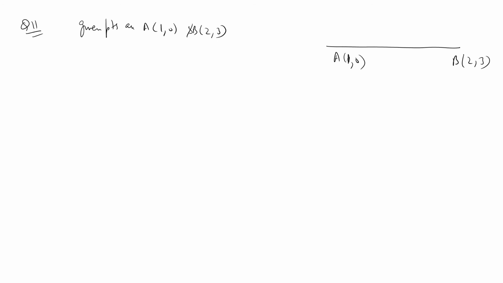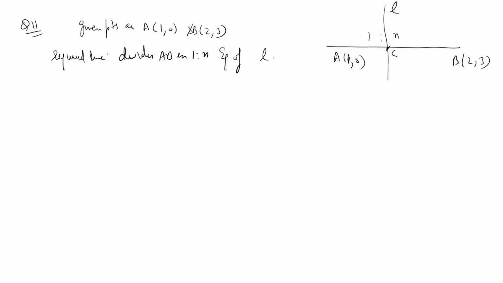And some line whose equation is required is dividing this line, say at point C, in 1 ratio. Okay, so my required line and AB in 1 ratio, right? So you need to frame the equation of this line.